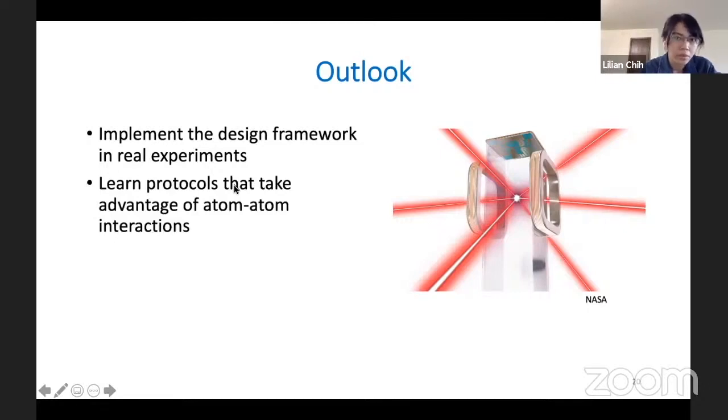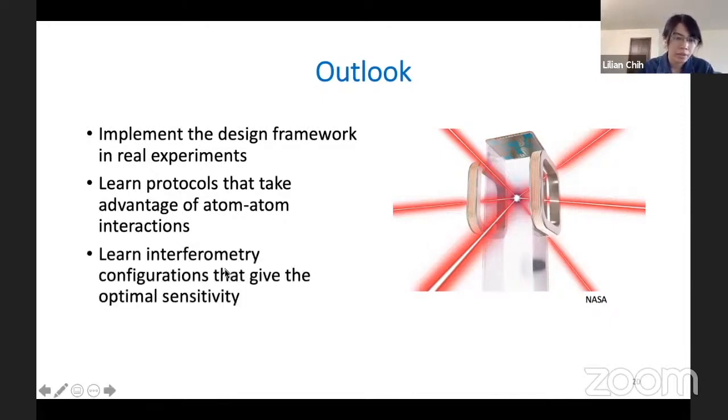We want to use reinforcement learning to learn protocols that take advantage of atom-atom interactions. And also, since the Mach-Zehnder configuration might not be the optimal configuration for measuring acceleration, we also want to use reinforcement learning to learn configurations that give the optimal sensitivity.